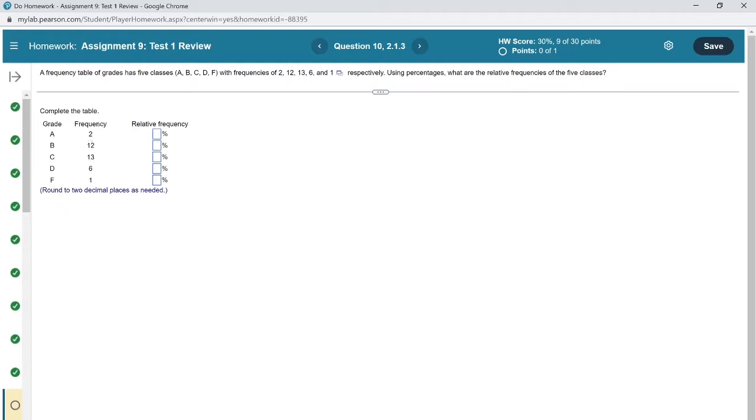Here the total frequency is 2 plus 12 plus 13 plus 6 plus 1, which is 14, 17, 27, 33, 34. So to find the relative frequency, you just divide 2 by 34 and multiply by 100.